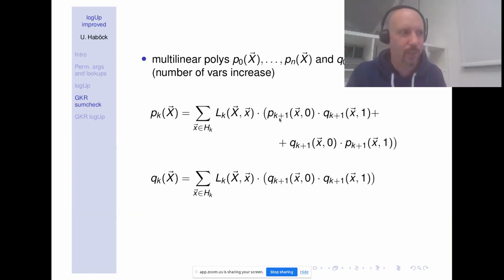It's k plus 1. So we have p_{k+1}, q_{k+1} that encode numerator and denominator. And what you see here at point little x over the k dimension, we have exactly the law I was mentioning in the last slide.